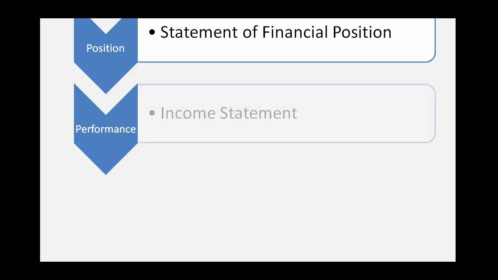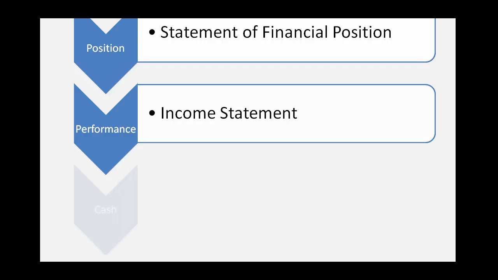To summarize our three videos, the statement of financial position provides the financial position of the business at a point in time. So in this video we looked at both May and June as the two position audits, if you like, which enabled us to establish the performance of the business in the income statement.